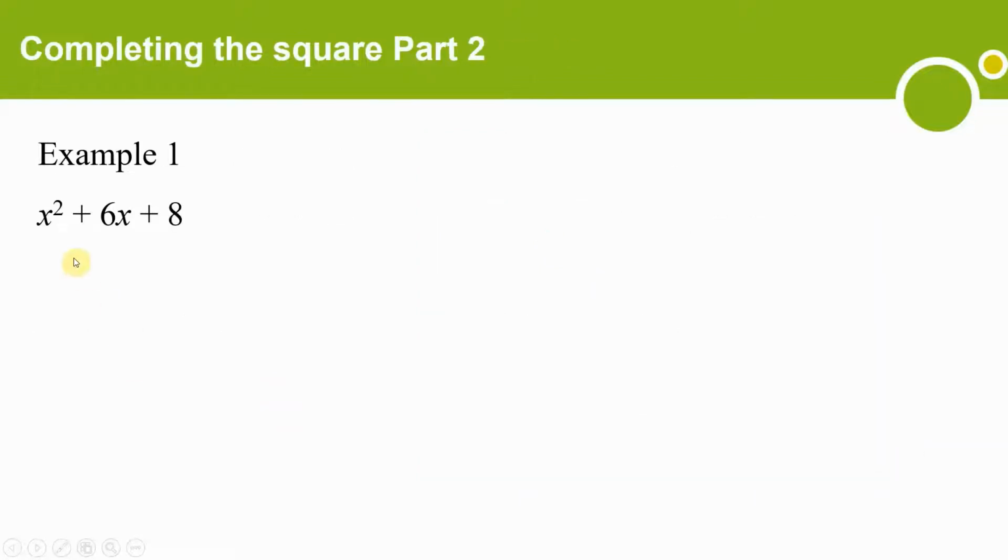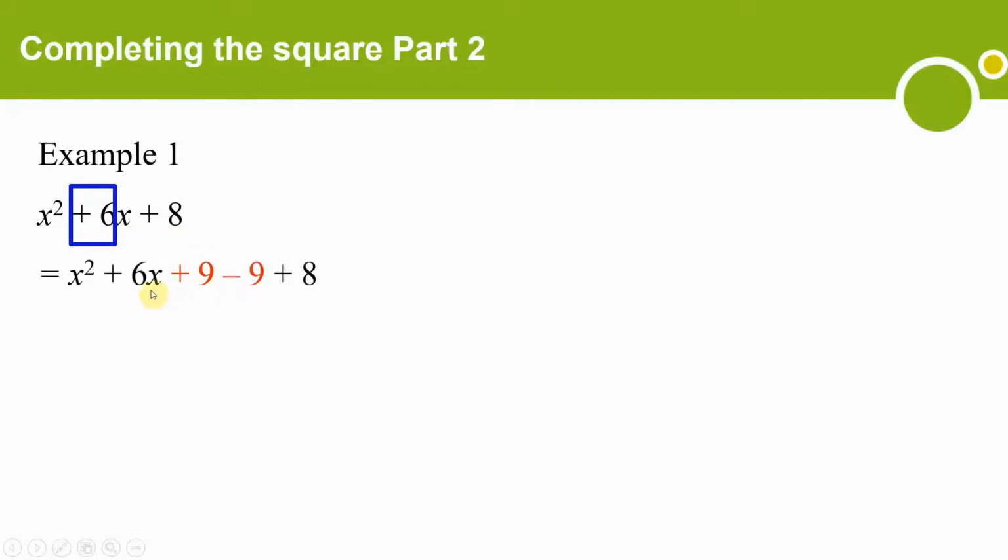Now this expression cannot be factorized into a complete square form. So the very first step I want you to remember is to identify the middle term 6, and we want to add a number here in front. We add a 9.